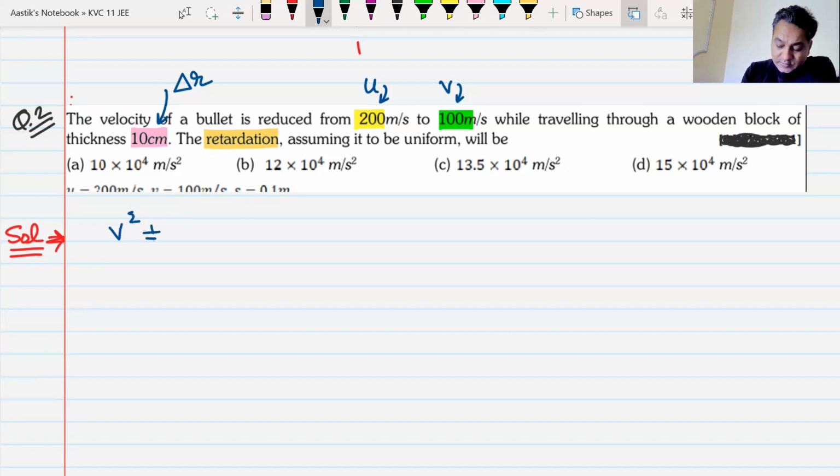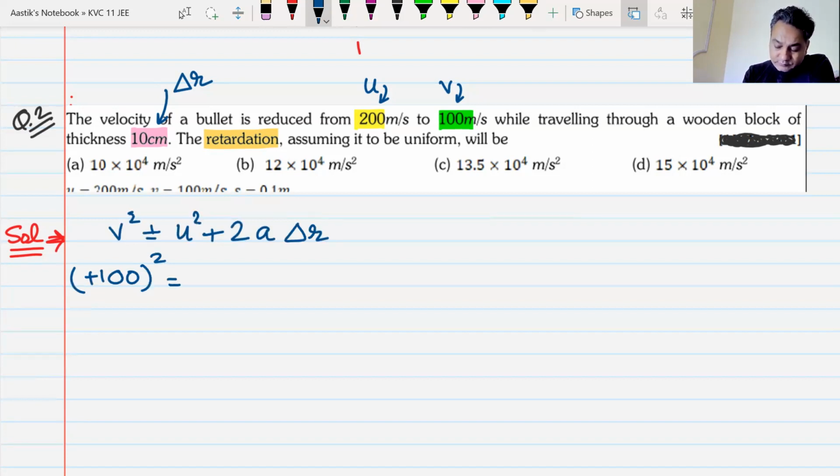v square is equal to u square plus 2 times a into delta r. Your v square is plus. I'm always writing plus so that you understand that we are referring to the direction.